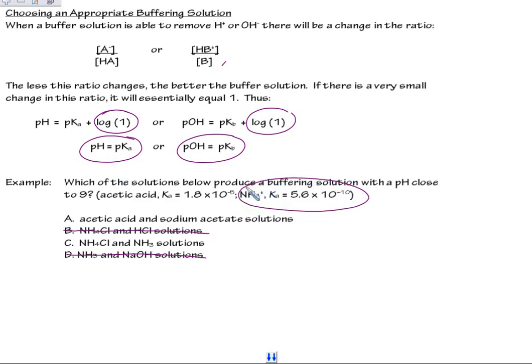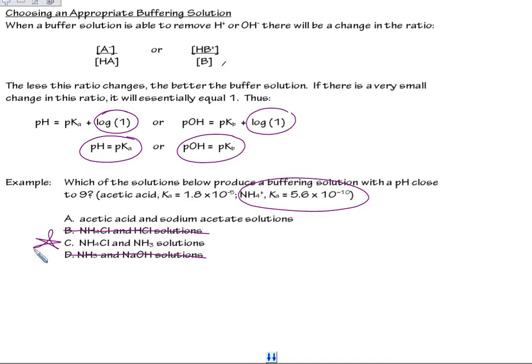I bet it's the ammonium. That's probably going to have a pKa closer to 9 than the acetic acid does. So of these two, this one should be my basic buffer, which you might have guessed because we've got a base and its conjugate acid. The acetic acid is an acidic buffered solution.